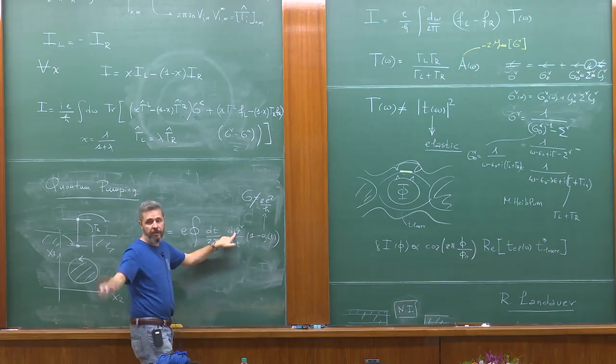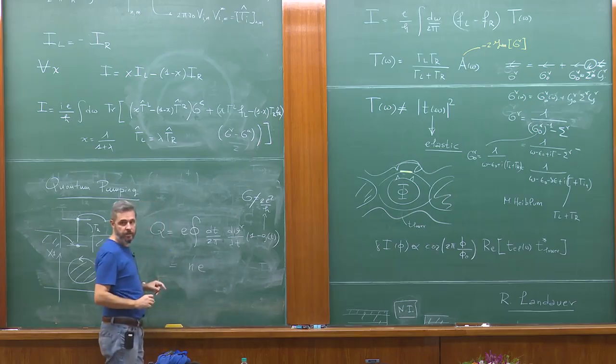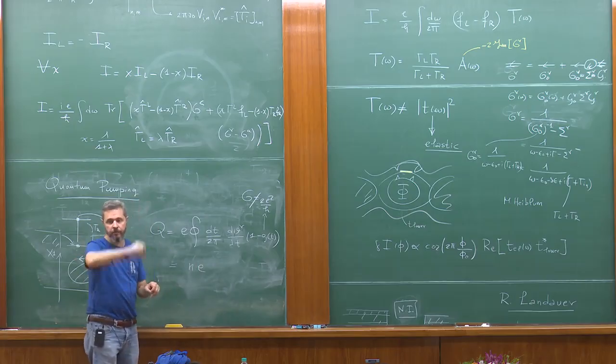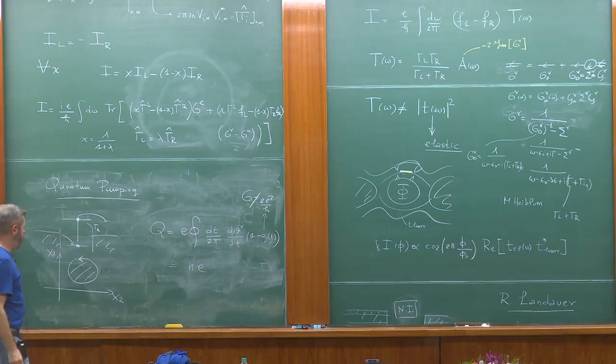The reflection angle can wind up to multiples of 2 pi if you come back to the same state. And therefore, this charge is going to be quantized in units of the electric charge, right? And the quantization will depend on how many windings you have of your reflection phase.